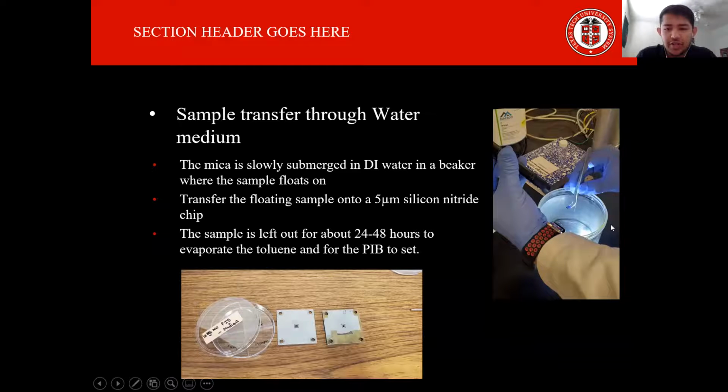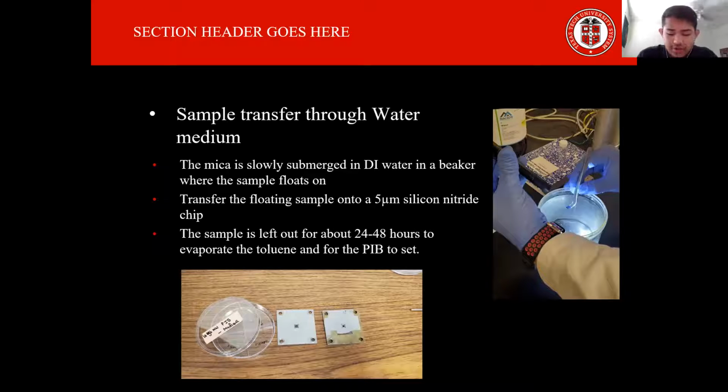I put the mica sheet in and the sample, the polyisobutylene, floats up. When the polyisobutylene floats up, I use the 5-micron silicon nitride chip, also called the template, to pick the floating sample up. The sample is left out for about 24 to 48 hours to evaporate the toluene and for the PIB to set.